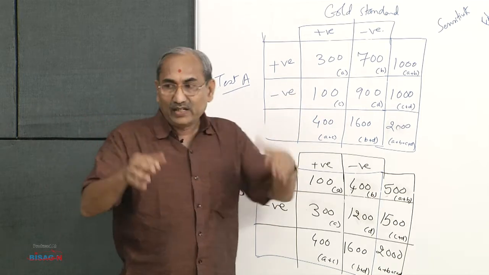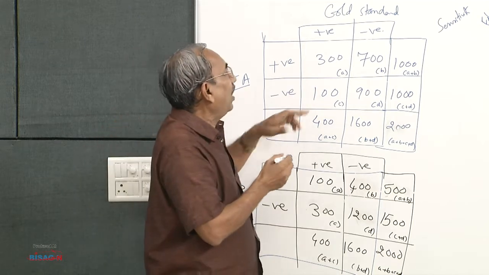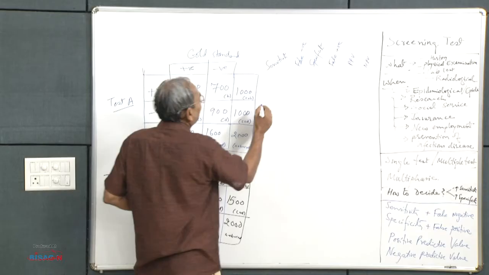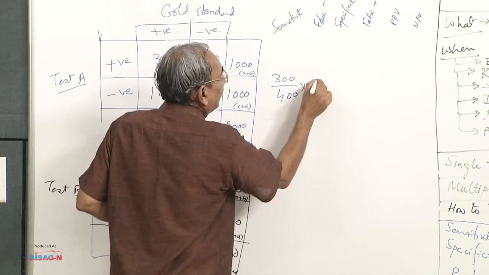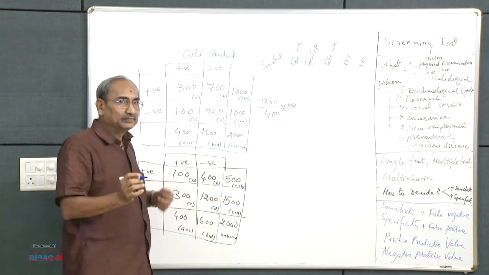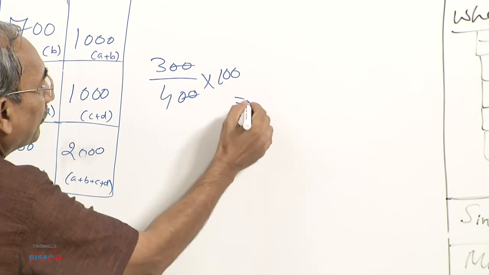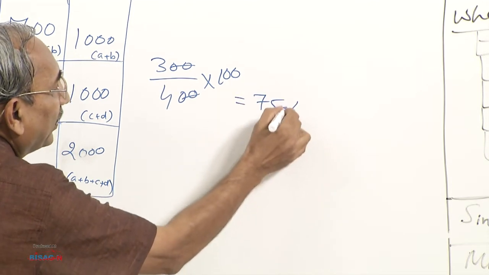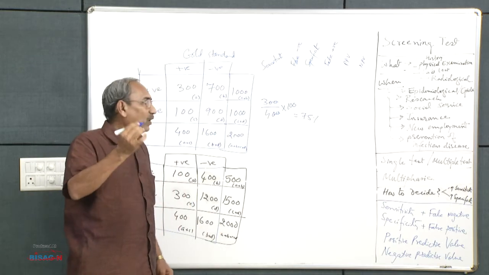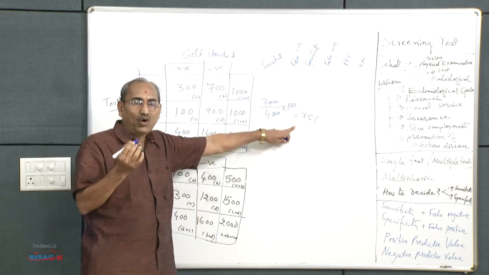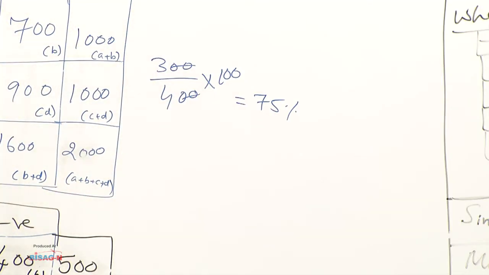If you want to find out in terms of percentage, for example, this is 300 out of 400. If you convert into a percentage, it will be 75%. That means this test is capable of finding out 75% of the total number of cases as per the gold standard.